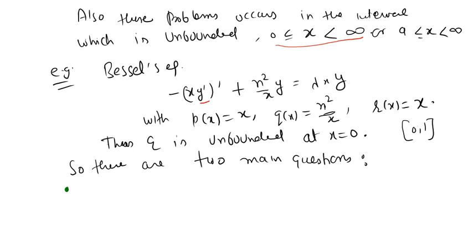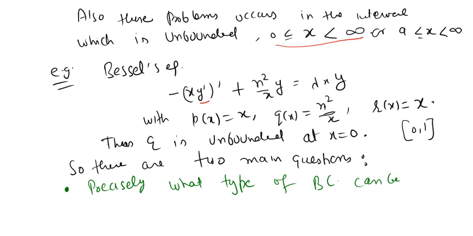The first one is precisely what type of boundary conditions can be allowed in singular Sturm-Liouville problems. And the second one is that, like in the regular problem, you found real eigenvalues and the corresponding eigenfunctions were orthogonal, and then you had the Fourier expansion.